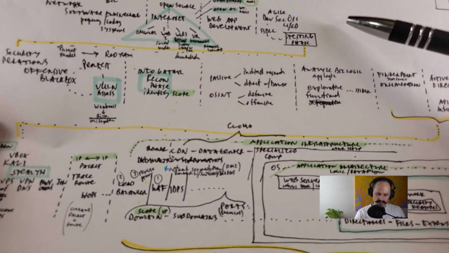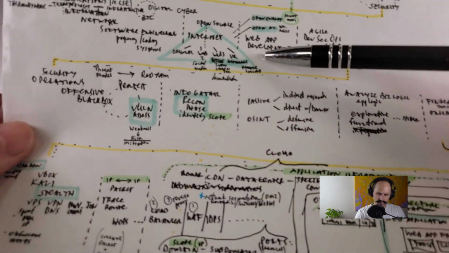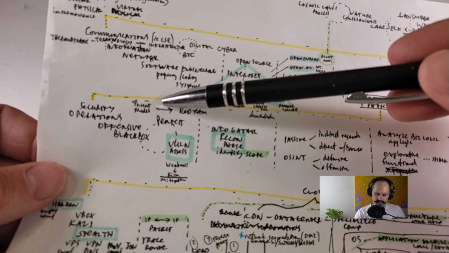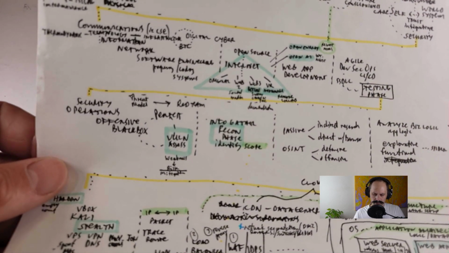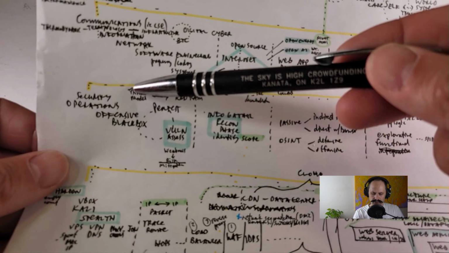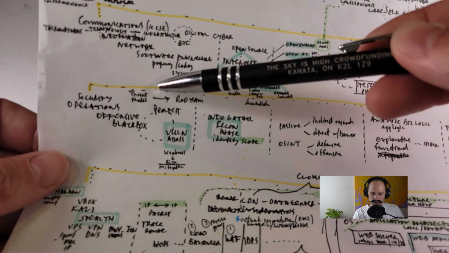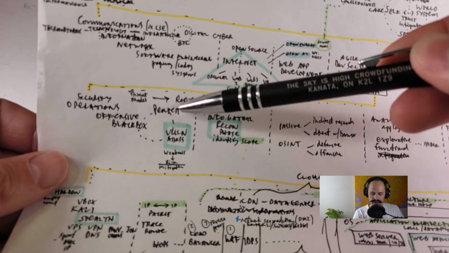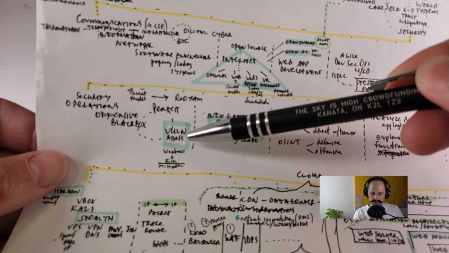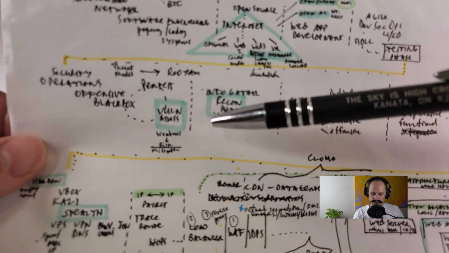I'm just showing the flow visually, but I just explained here that in security operations we have the offensive black boxing, and we have the penetration testing there, of which vulnerability assessment is just a part, or you could say a stage.